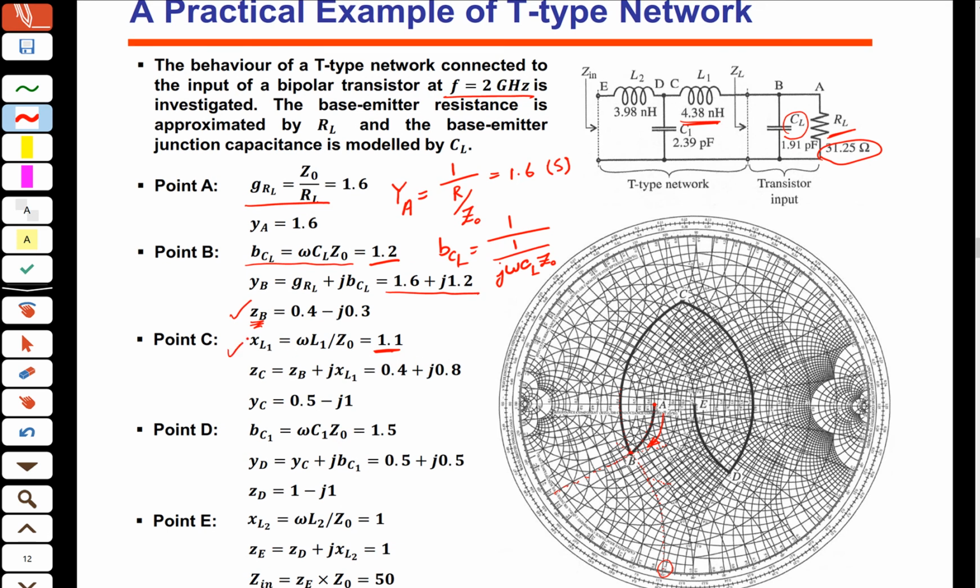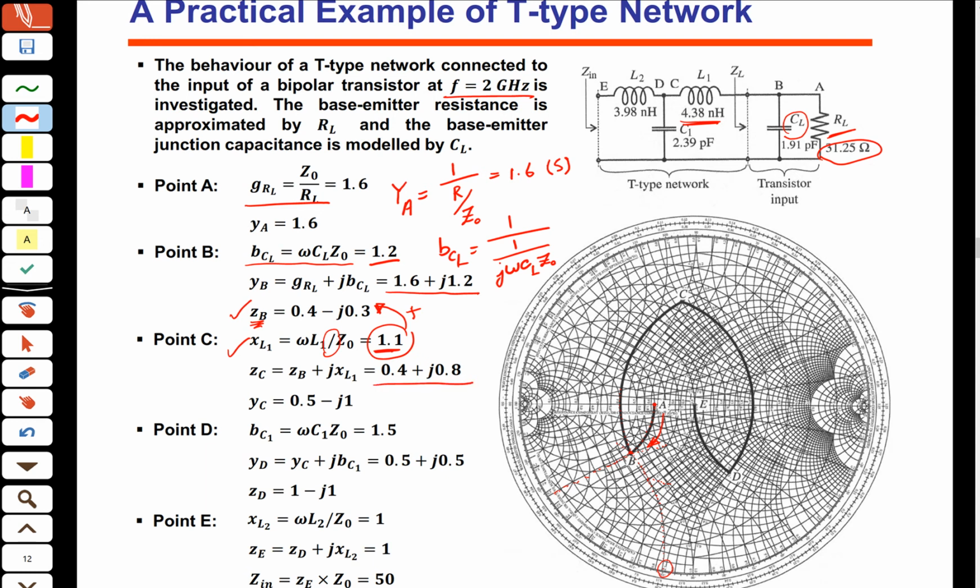Always consider and don't forget to normalize, because if you don't normalize this, you get something like 55, so it's wrong. So always normalize it. And then you add this 1.1 to the previous 0.4 minus J0.3, and you are going to 0.4 plus J0.8.